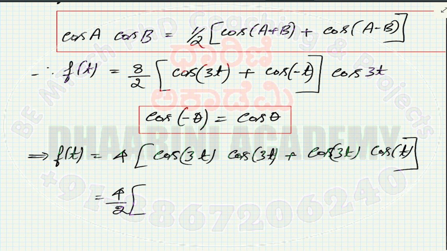So cos 3t plus 3t is cos 6t, plus cos of A minus B. Cos 3t minus 3t is cos 0. That's the term. Then plus, anyway, the half has already been taken out. So this becomes cos 3t plus t is cos 4t, and 3t minus t is cos 2t.